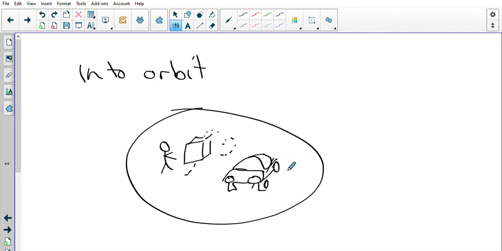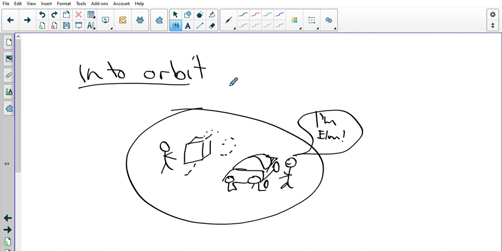Could Elon Musk come along and just hang on to the side of his vehicle? Yes. So whether it's a box or whether it's a car, you can pick that up in essence in outer space. You can hang on to it in outer space in orbit where things are in free fall.